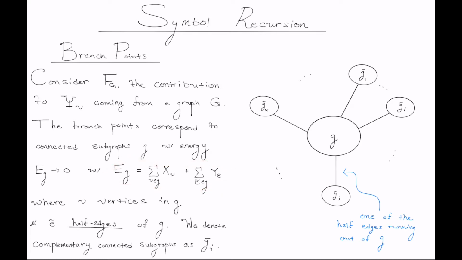These are referred to as partial energy singularities, and this energy is the sum of all vertex energies contained in lowercase g, plus the edge energies which are cut by enclosing this connected subgraph g. So the half edges contained in lowercase g. So this comprises all branch points of the contribution F_G. And we note that we will denote complementary connected subgraphs to the graph lowercase g as g bar i.